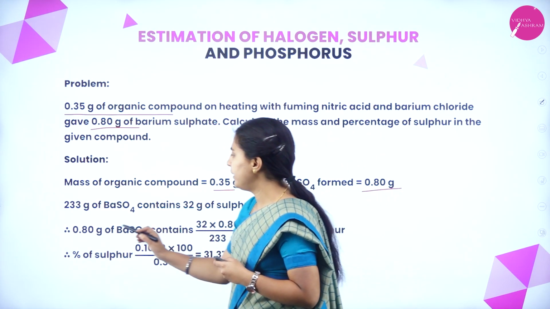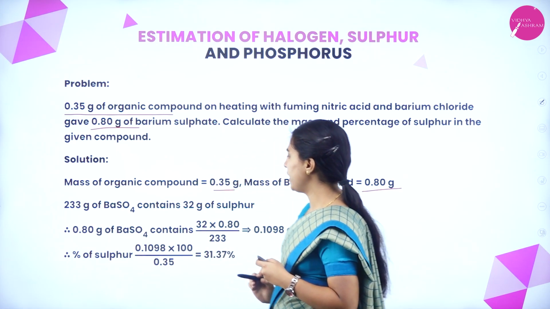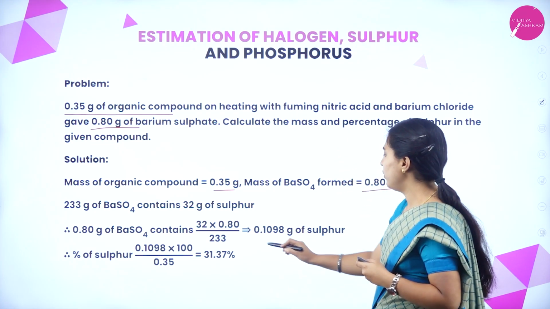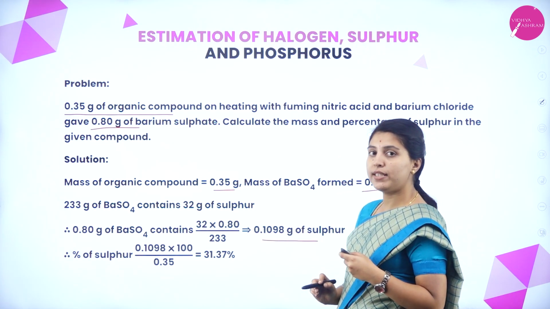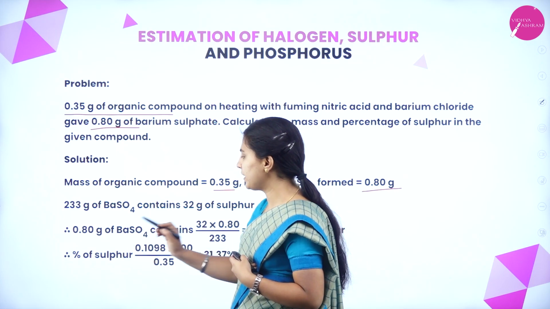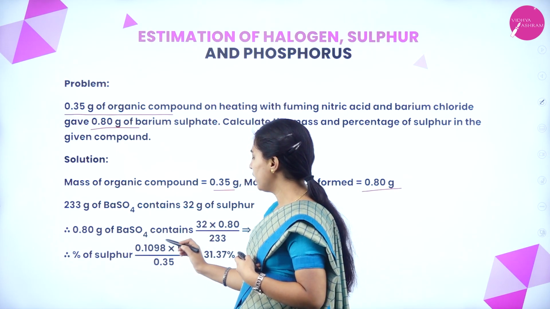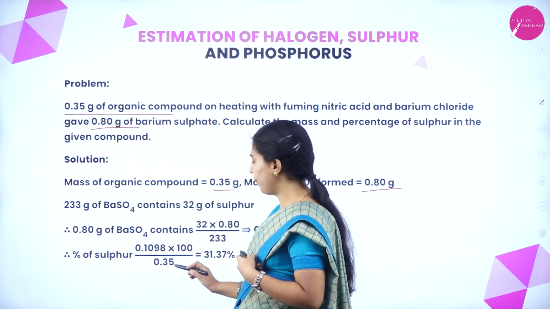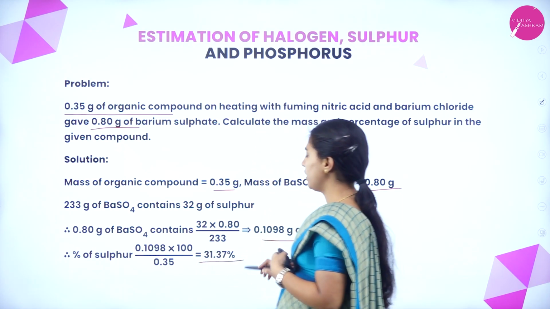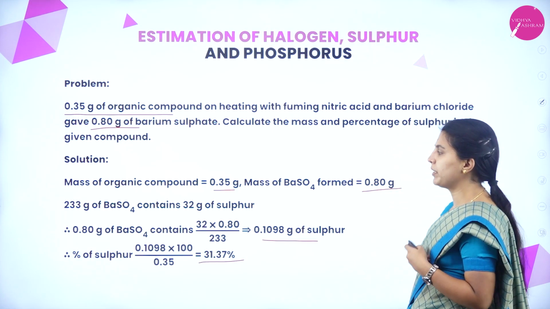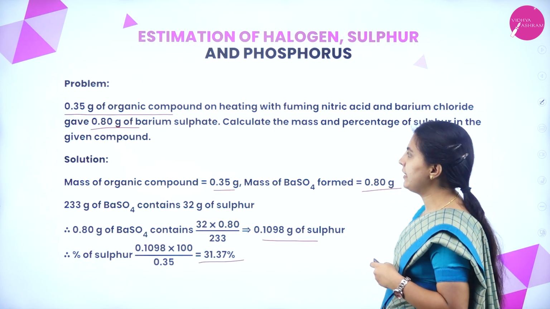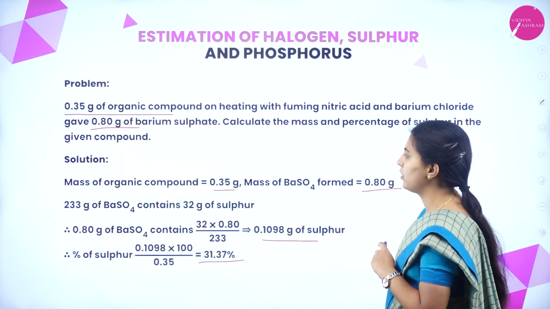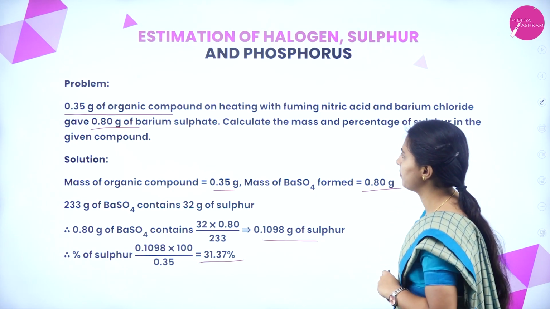And here 0.80 gram of barium sulfate contains 32 into 0.80 by 233, which gives 0.1098 gram of sulfur. So the percentage of sulfur is whatever you got divided by the overall organic compound weight, into 100, which gives 31.37%. This is about the estimation of sulfur with its problem and calculations.